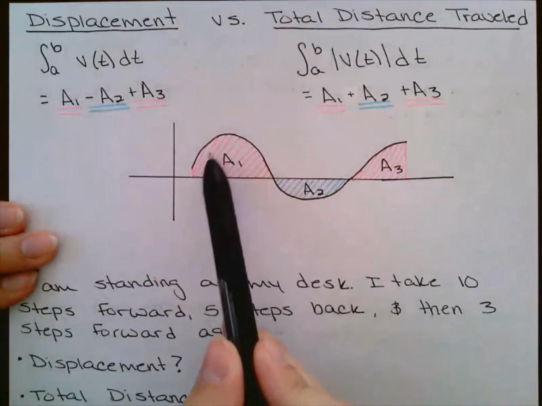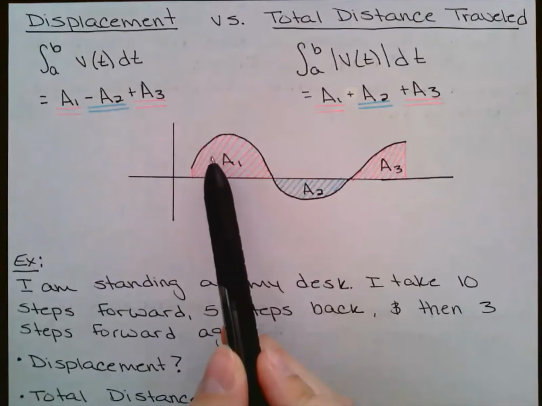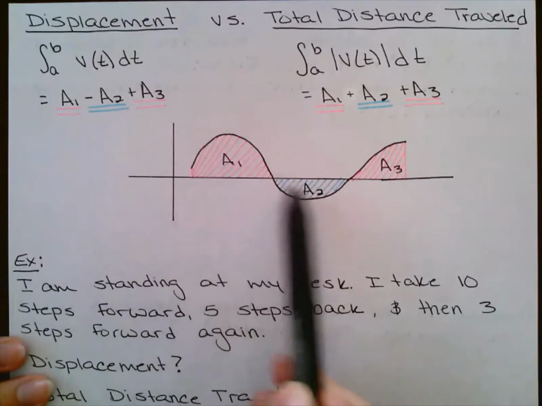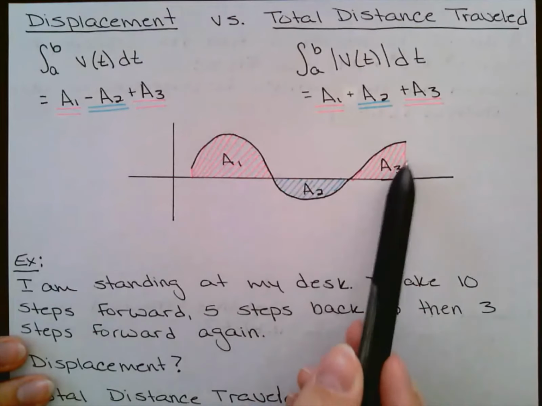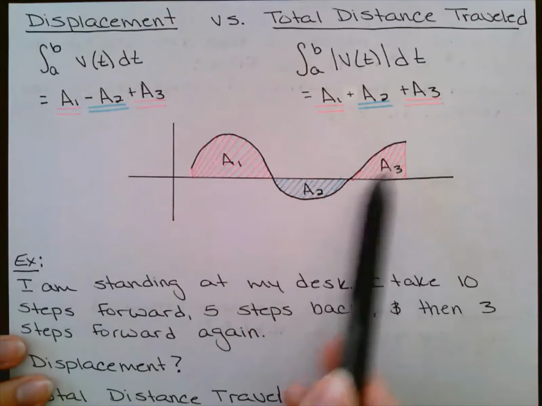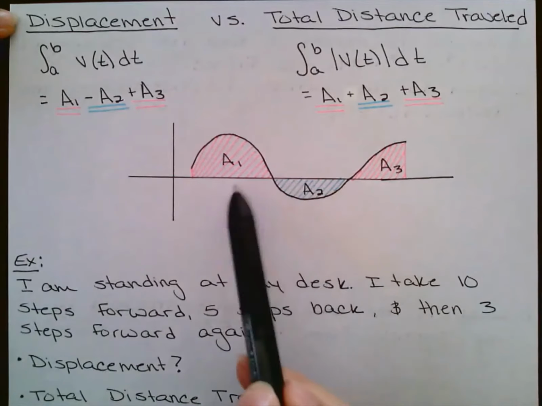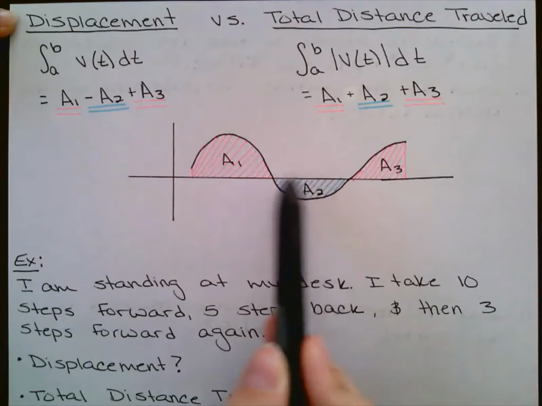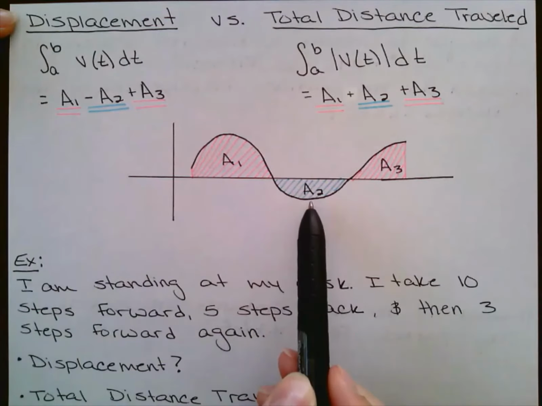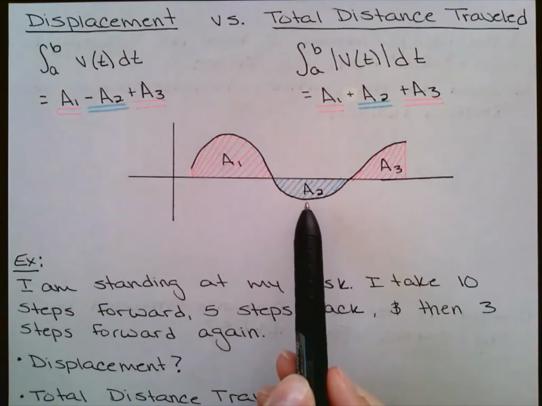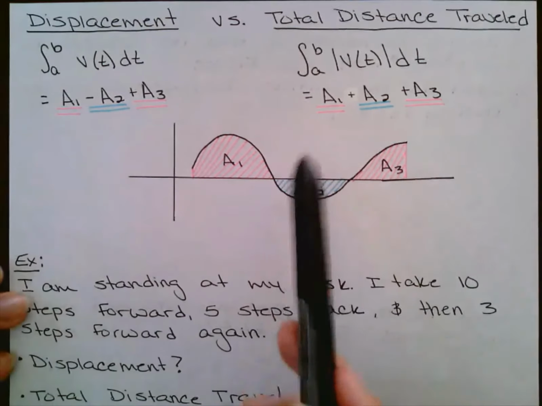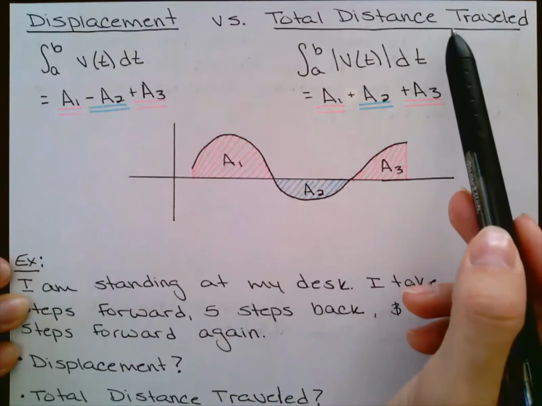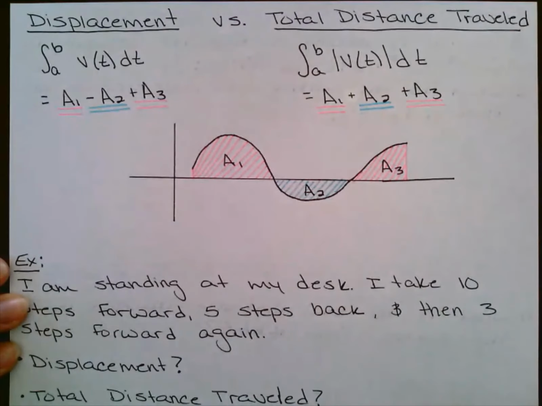So let's say, remember we said above the x-axis is velocity going forward, okay? So I drove forward to her house, I backtracked to go get food, and then I kept going to her house. When you talk about displacement, how far am I from her house? It subtracts that backtrack that you did because that doesn't tell me how far the distance is from my house to her house. Now, total distance traveled is not talking about how far out you are, but it talks about what was the total amount that you drove.